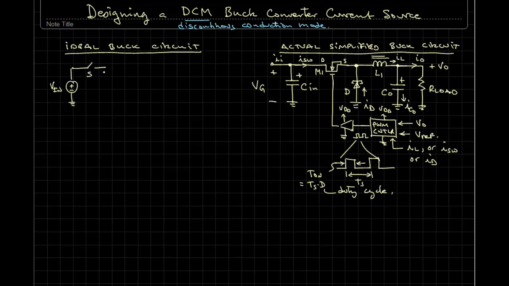We have a switch S, we have an ideal diode D, we have our inductor L, and then for the output, what we're going to actually draw is Vout. Now, of course, there is no physical output voltage.